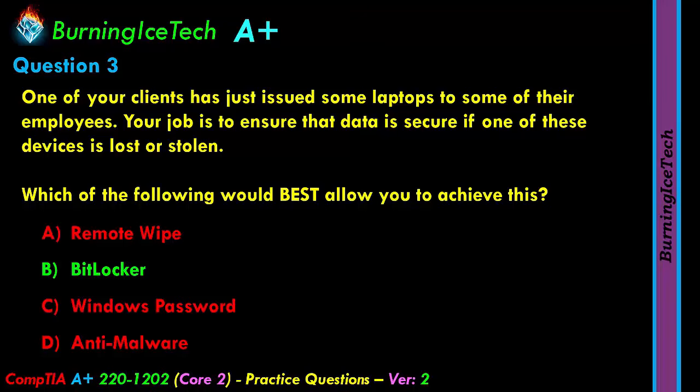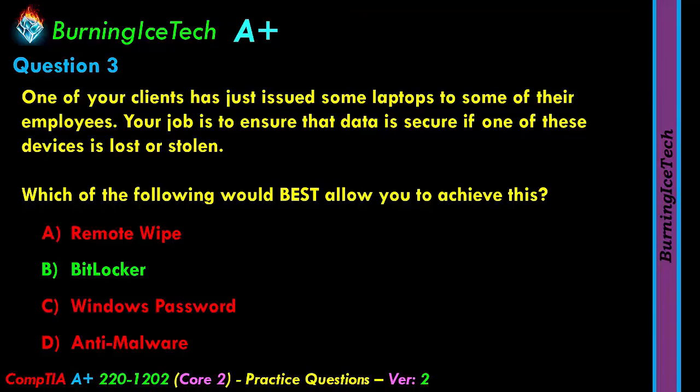Anyway, so if we look at the other answers there, a winner's password, yes, that'll add some level of security, but a winner's password is not even close to being as secure as using BitLocker. It's better than having no security, but it doesn't come close to BitLocker.